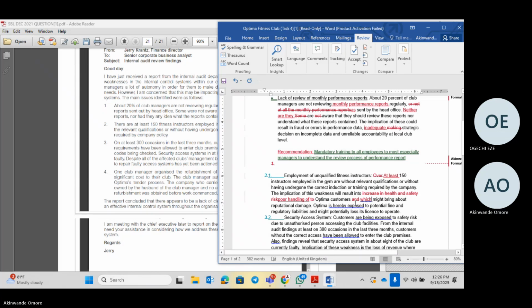Okay. They're exposed to potential fine. Not fine. Not everything is fine. Potential, that's what we call customer attrition. Potential customer attrition.